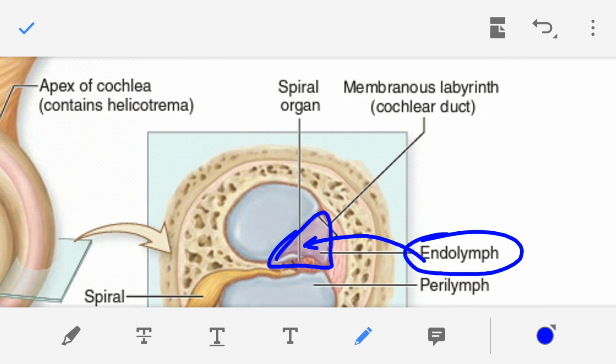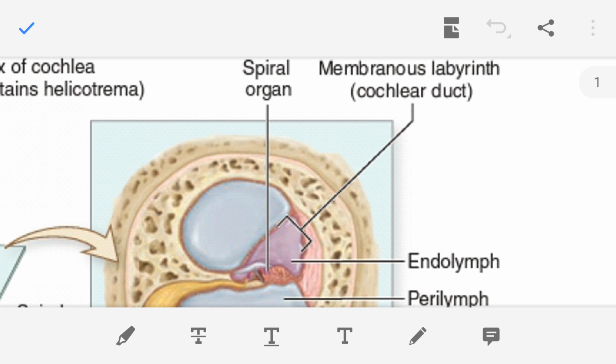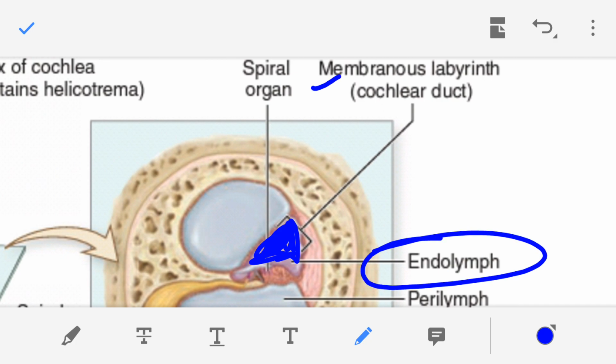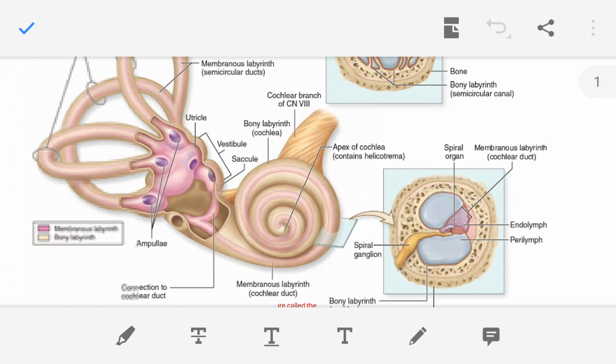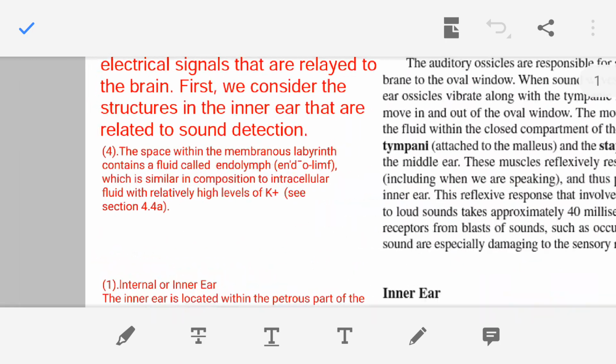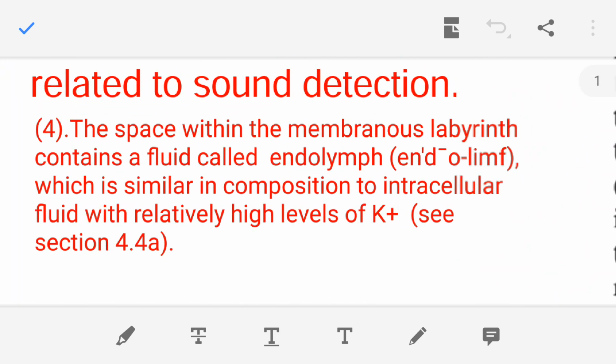So that means this fluid is endolymph. Okay, so here you see this fluid inside the membranous labyrinth is the endolymph. So this was the fourth point of our discussion.